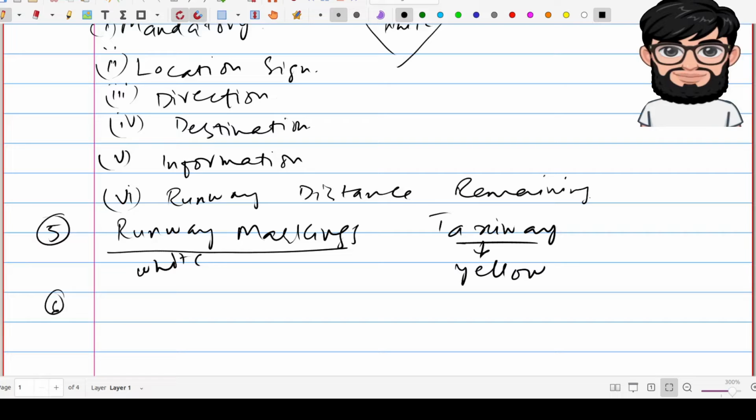Okay, what airport marking aids will be used to indicate the following? So if we have runway threshold marking, these contain 2 configurations.